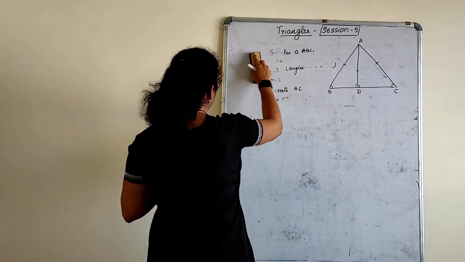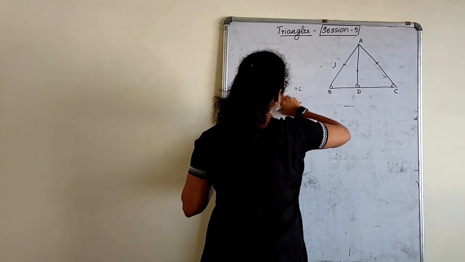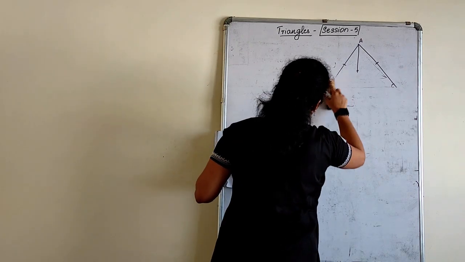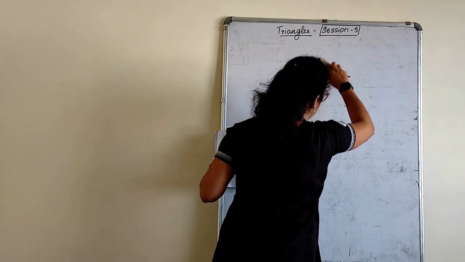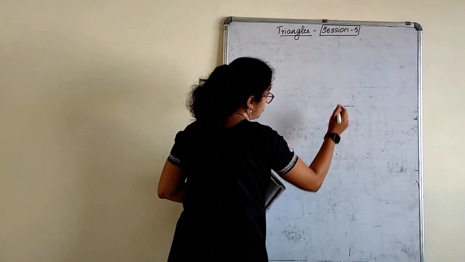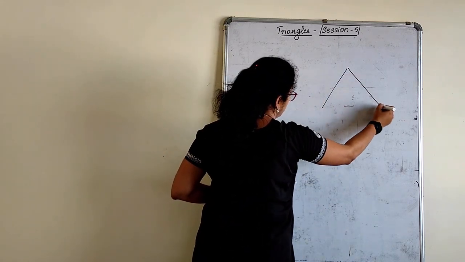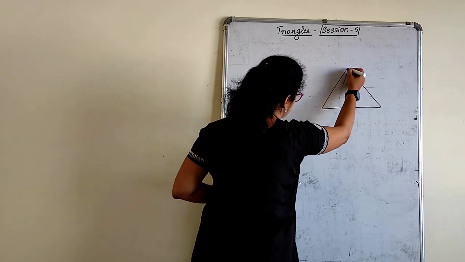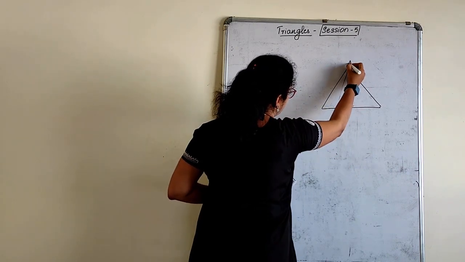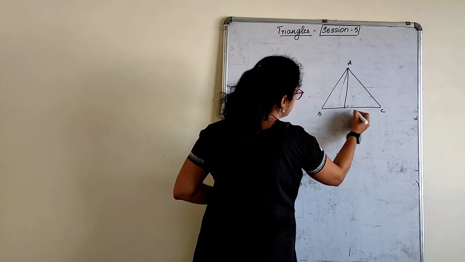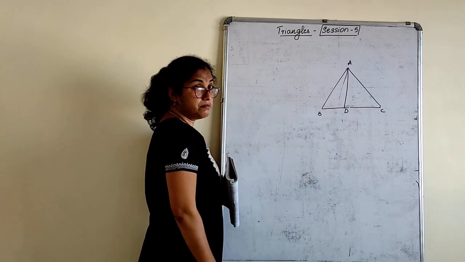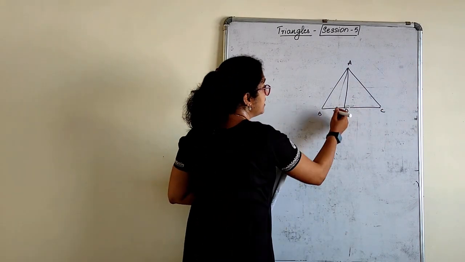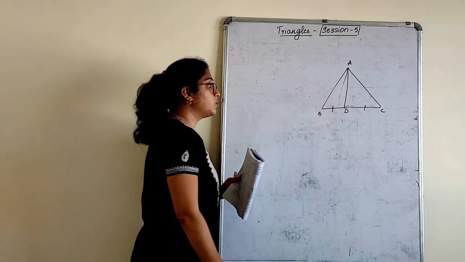Yes, in the next sum we have something called a median. First of all, you all should know what a median is. Let me first explain that. A median of a triangle divides the triangle into two equal parts. That means if I tell you A, B, C and AD is the median to the triangle ABC, so BD is equal to CD.